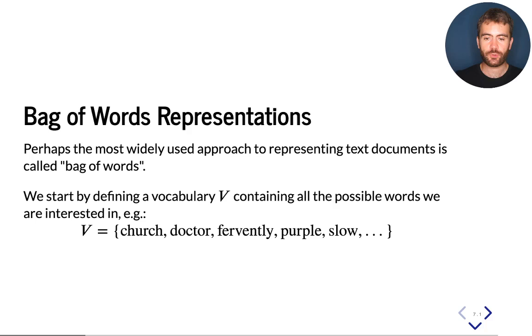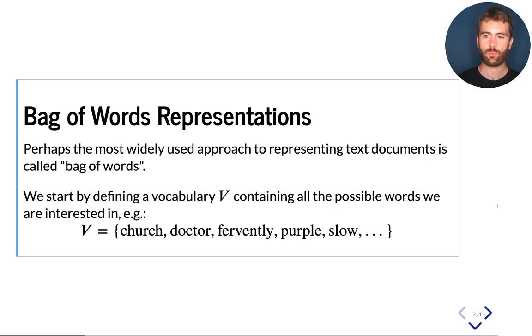The first step to creating bag of words features or representations is to define what is called a vocabulary. A vocabulary is the set of all the possible words that are interesting to us.